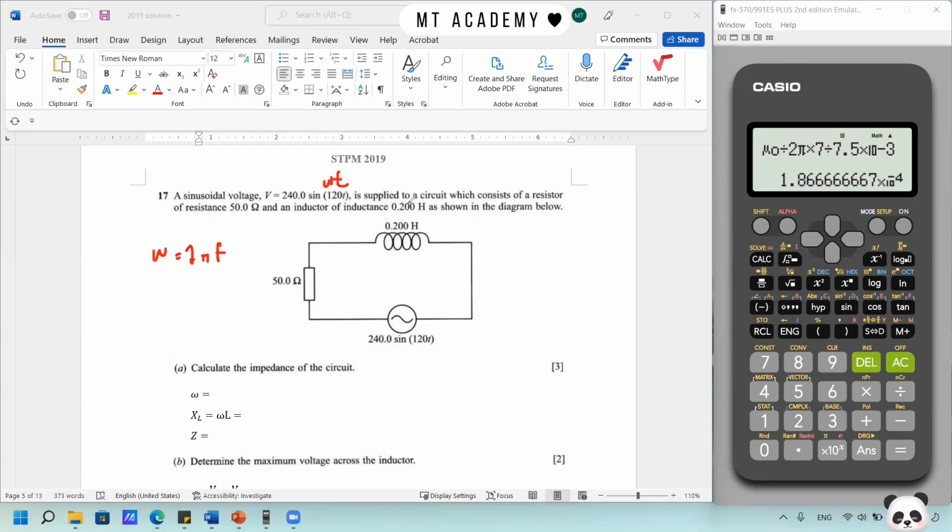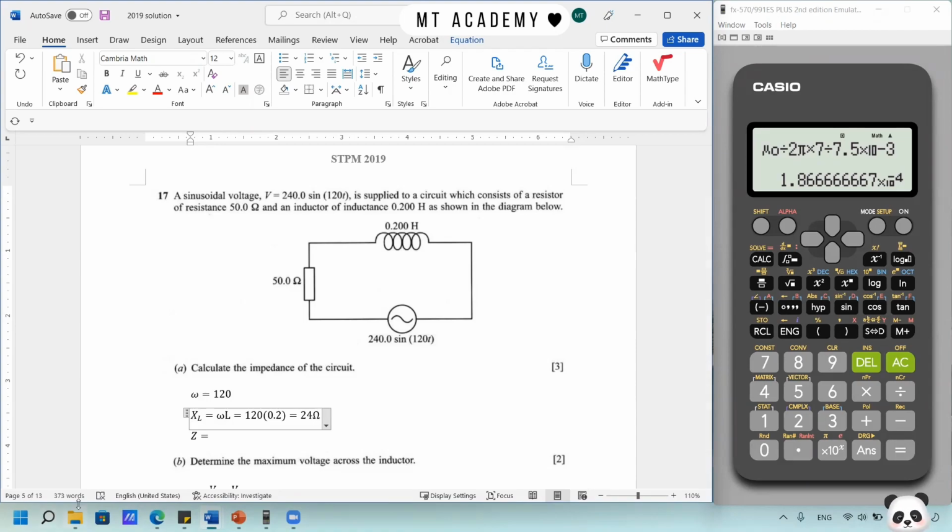The voltage is supplied to a circuit which consists of a resistance of 50 ohm and an inductor of inductance 0.2 Henry, as shown in the diagram. Calculate the impedance. For impedance, we have the resistance and the reactance of the inductor. We use the angular frequency 120 to calculate the reactance of the inductor, given by the formula omega L. So omega 120 multiplied by the inductance 0.2 Henry gives 24 ohm.